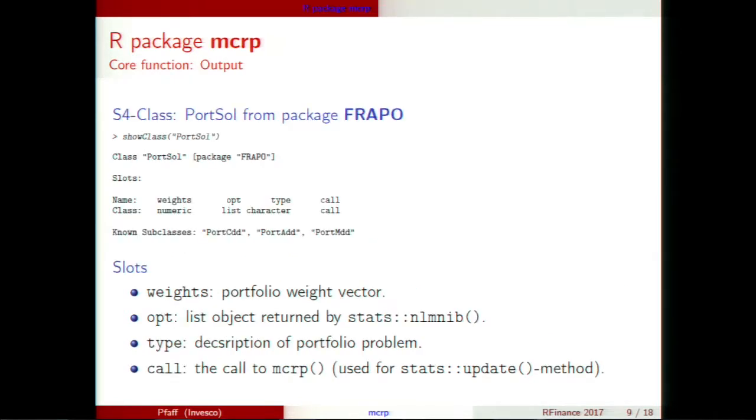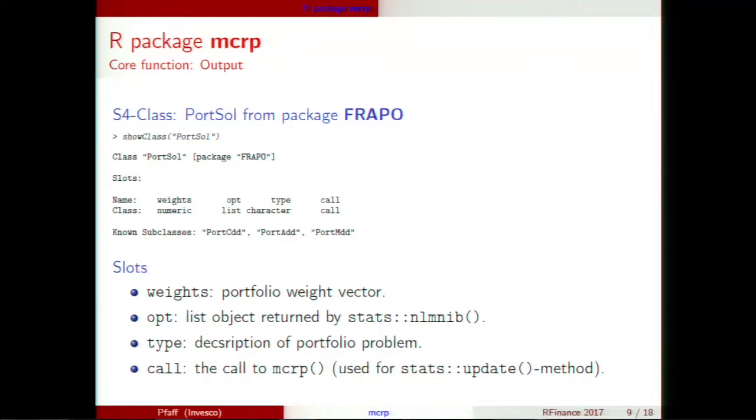So what does this function spit out? Well, it spits out an object of S4 class PortSol, that is defined in the FRAPO package. And when one takes a look at that formal S4 class object, it has a slot with respect to the weights. That's what we are after.